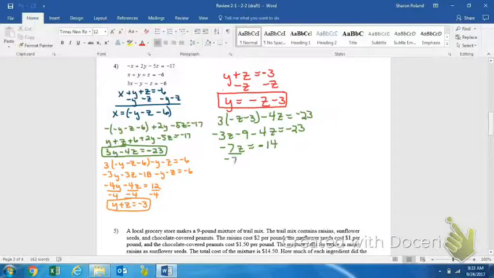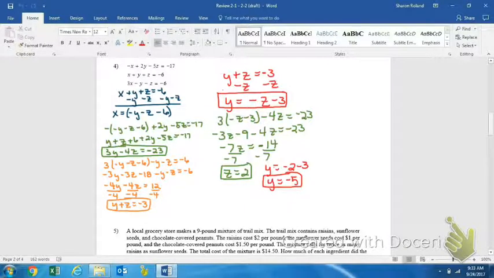Divide both sides by negative 7. And z equals positive 2. If I plug that positive 2 into the equation that I have in red, it's going to be y equals negative z, which is negative 2, minus 3. Y is negative 5.